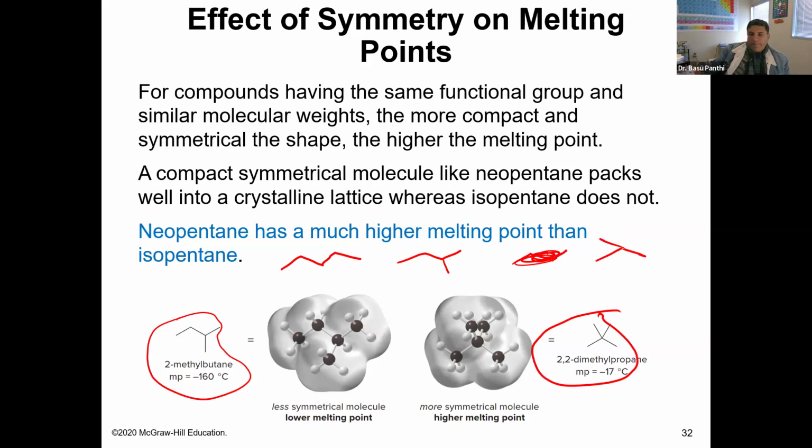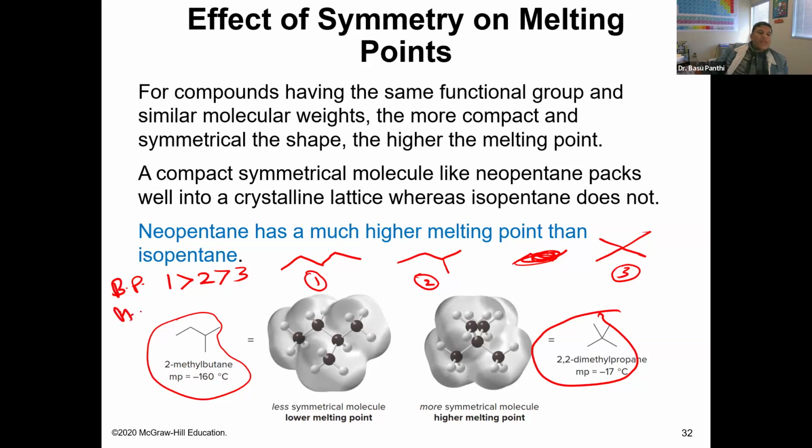When we are talking about the boiling point, 1 has the highest boiling point, then 2, then 3, because branching decreases the boiling point.